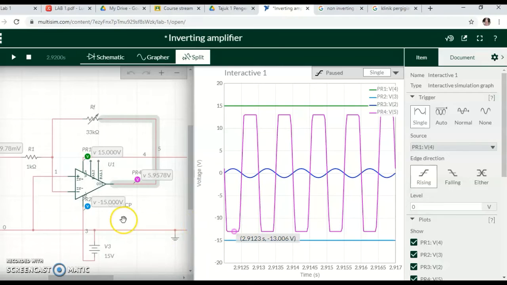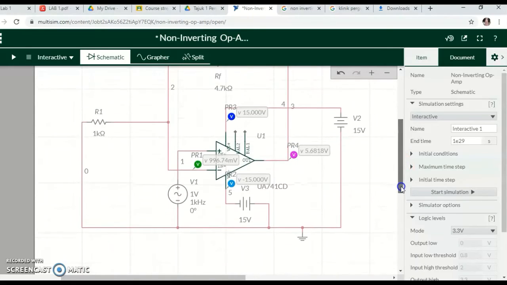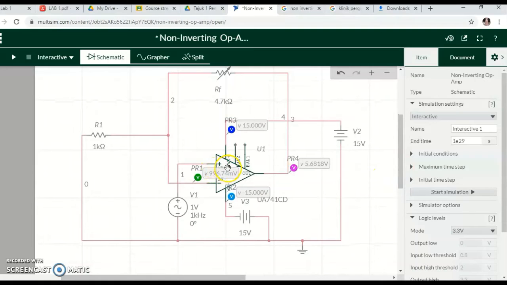Next, we go to the non-inverting amplifier. In the non-inverting op-amp, we can tell whether the op-amp is inverting or non-inverting. For the non-inverting, the supply is at the positive terminal.